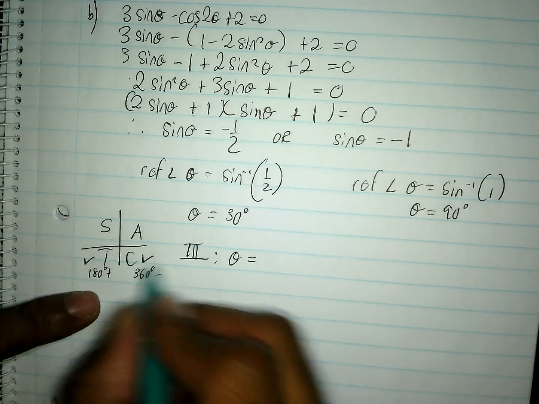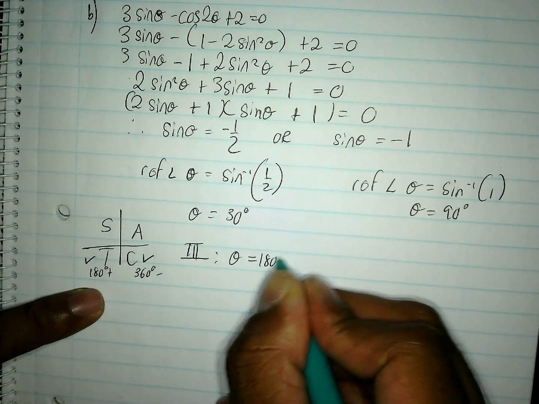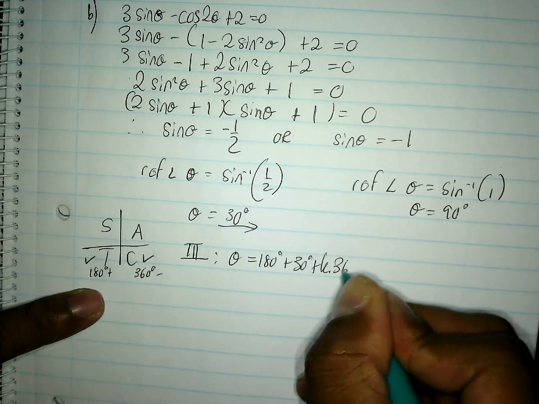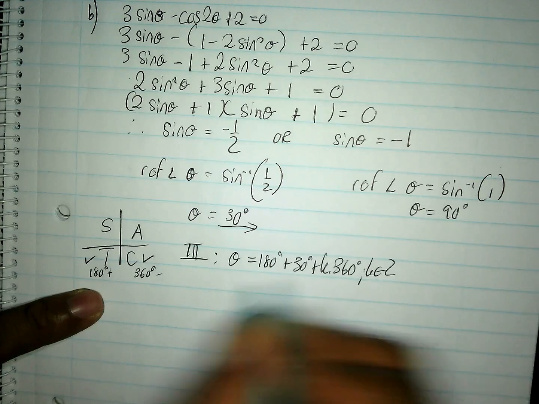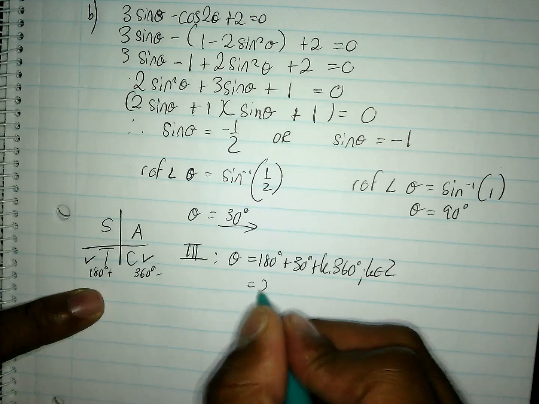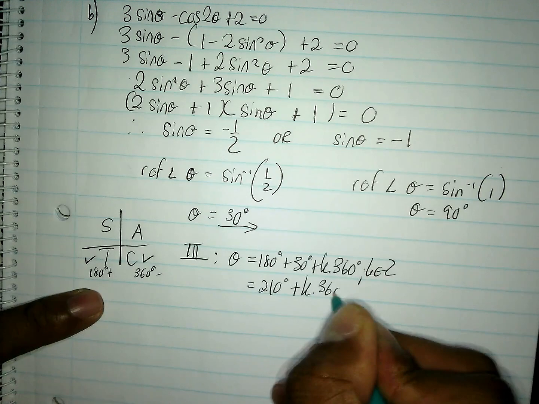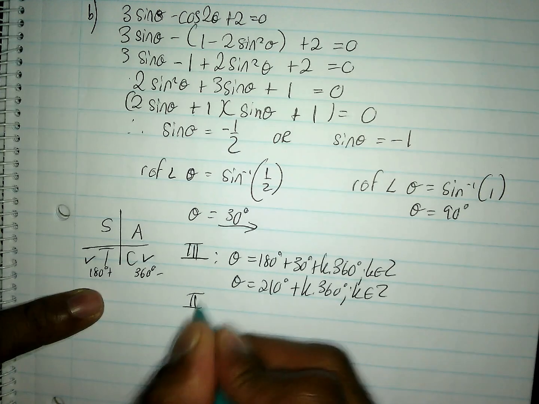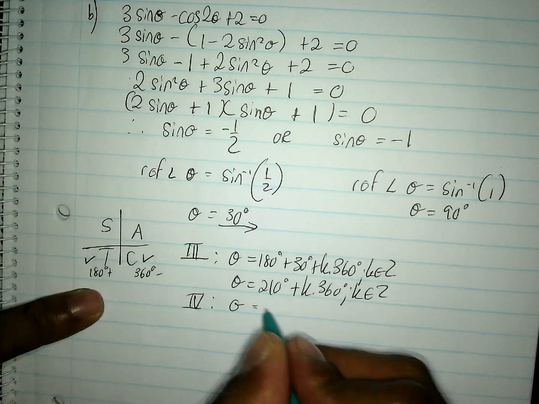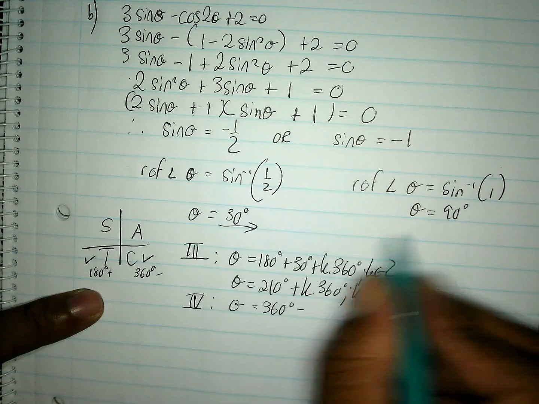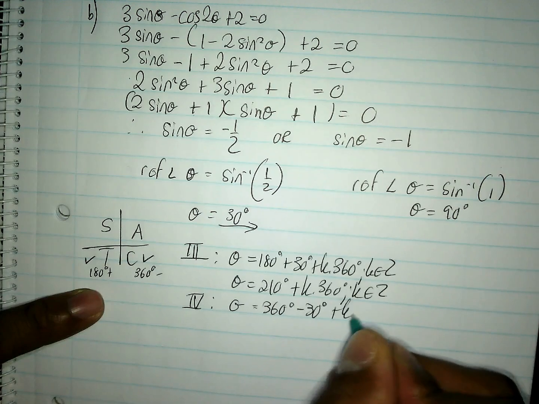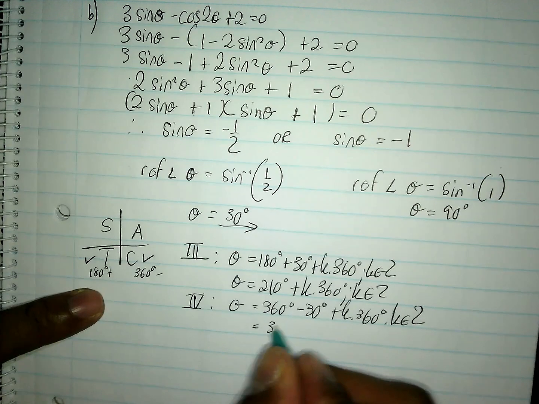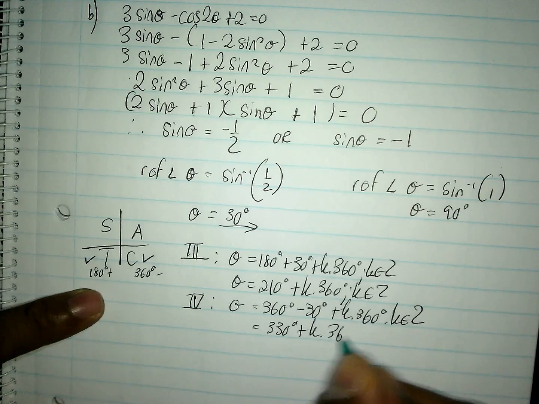For the third quadrant it's 180 plus the given ref angle, which is 30, plus k 360, where k is an element of integers. So this gives you 210 plus k 360. In the fourth quadrant, it's 360 minus the ref angle, which is 30, plus k 360. Then 360 minus 30 gives us 330 plus k 360.